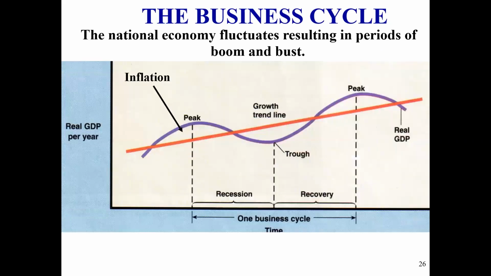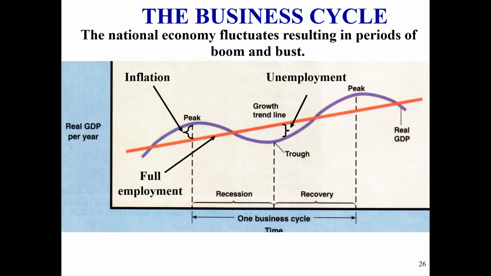Here's what you really need to know in the business cycle. When we're at full employment, we're on that red line. So in the peak, we have low unemployment, high inflation.